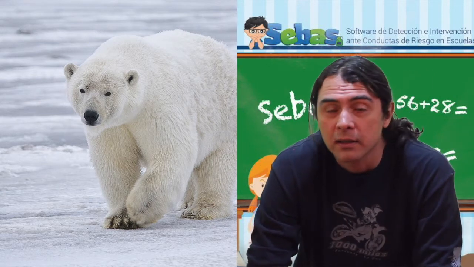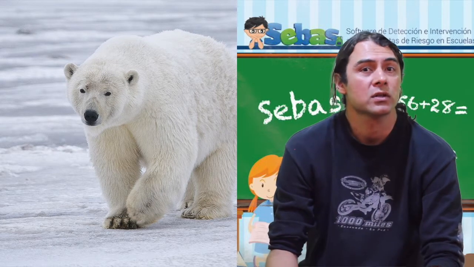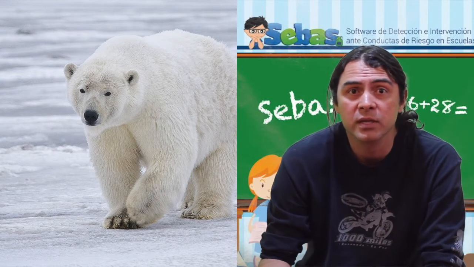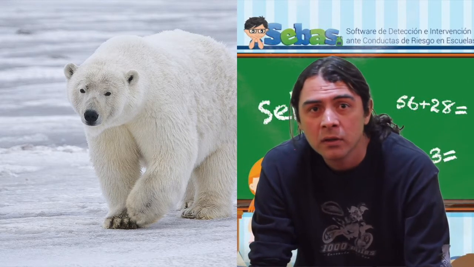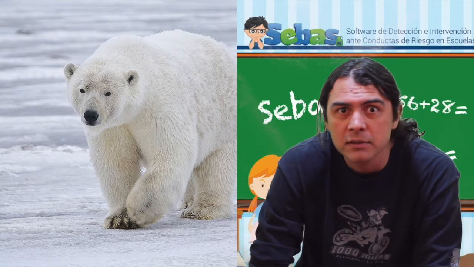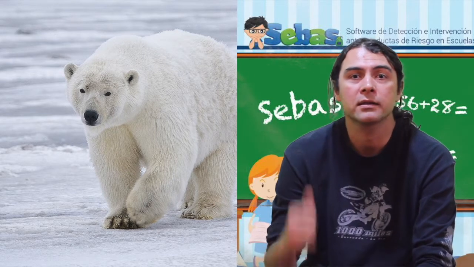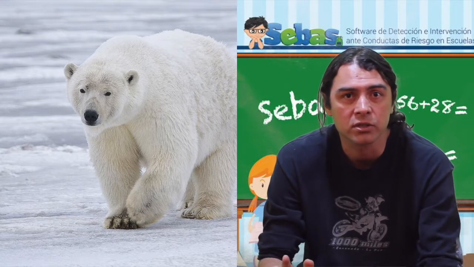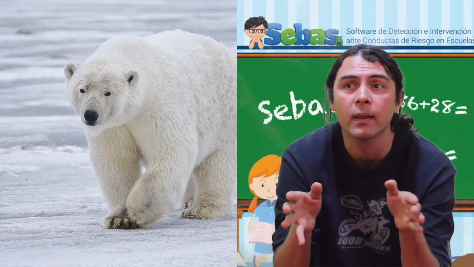Its fur is completely white, and this turns out to be an advantage because polar bears live in the Arctic. They hunt seals and other animals, and they just don't see it coming. Being white in the Arctic is camouflage. That is an adaptation that took millions of years to develop.